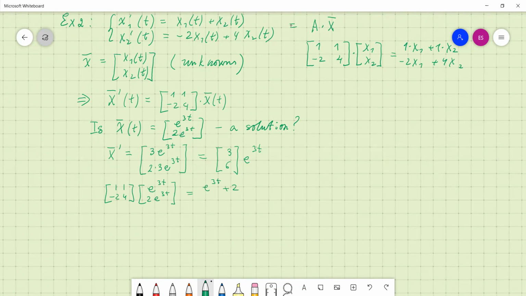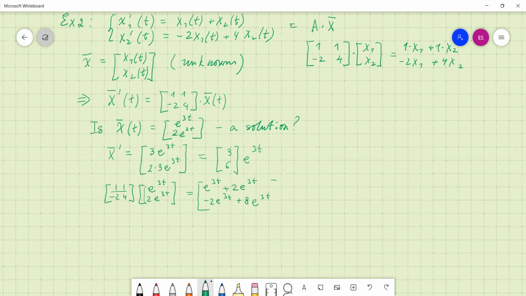And another one is 2e to the power of 3t. Now I'm going to repeat it for the second row, and it's minus 2e to the power of 3t. Multiply this 2, and 2 by 4 is going to give me plus 8e to the power of 3t.